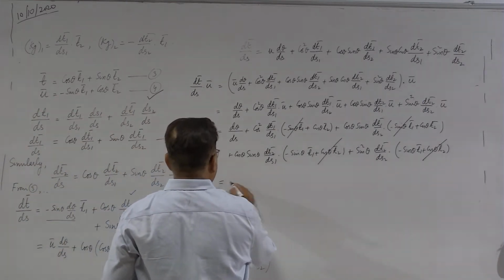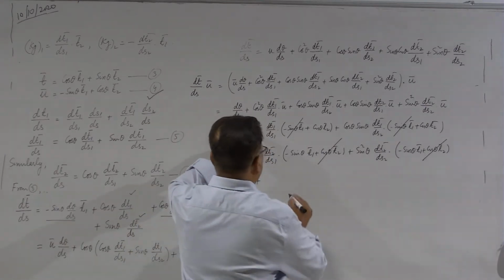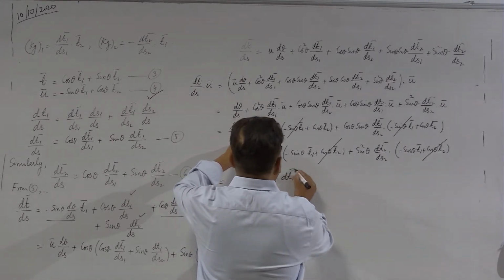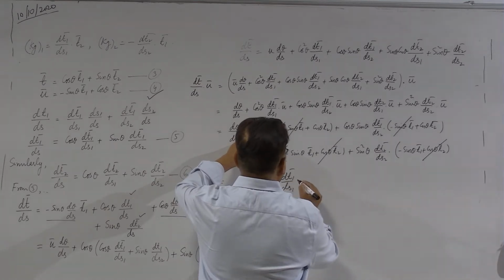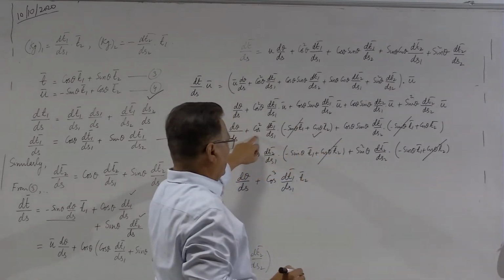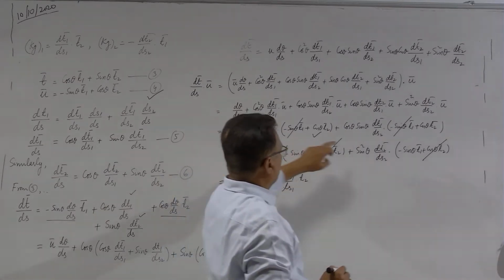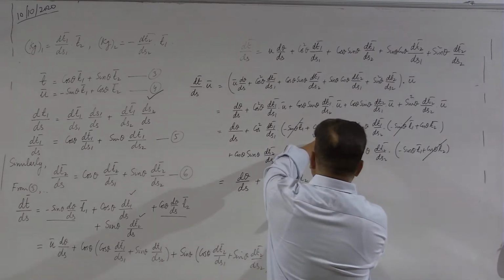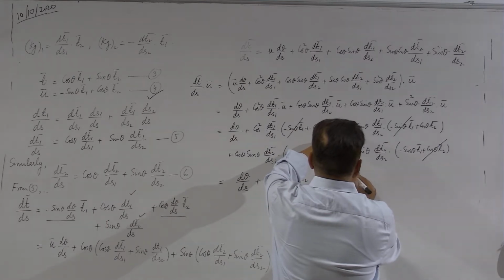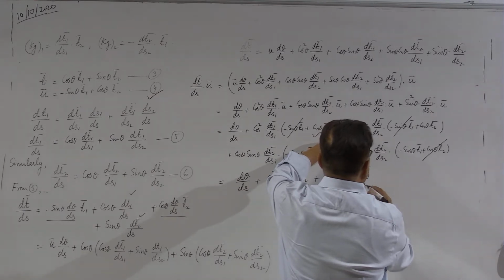The first one here is d theta upon ds plus cos cube theta into dt1 upon ds1 dot t2. So, this is taken care of, cos cube theta. Now, come over here. This will be plus cos square theta into sin theta dt1 upon ds2 dot t2.